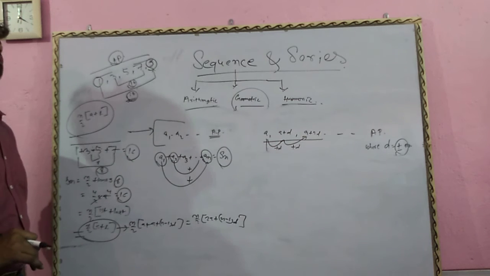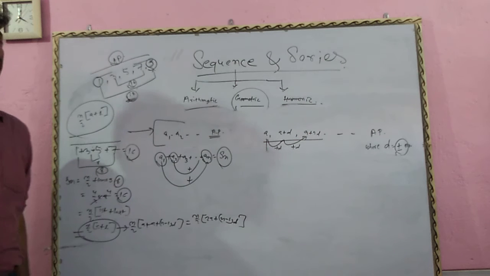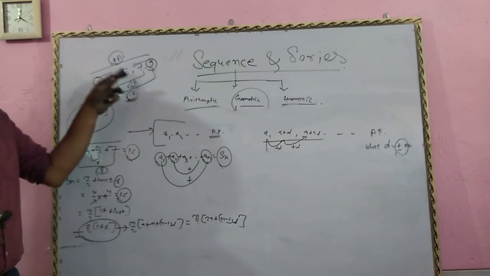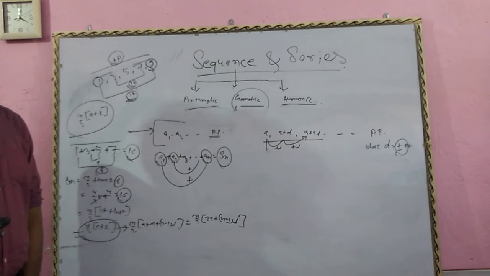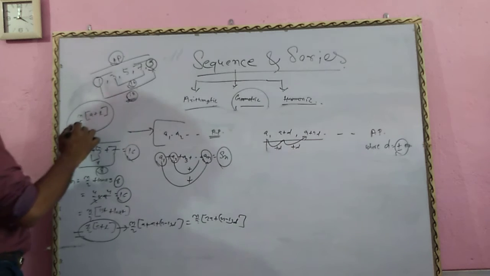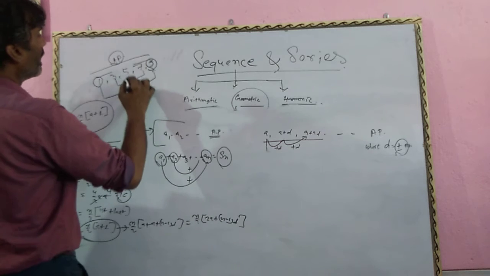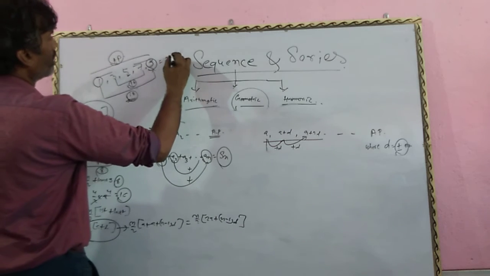If n is even, then it's okay. And now if we get an odd number of terms, n is odd, then what will happen? In that case also, what do you see? First term plus last term is 10, and 1, 5 means total summation 25.